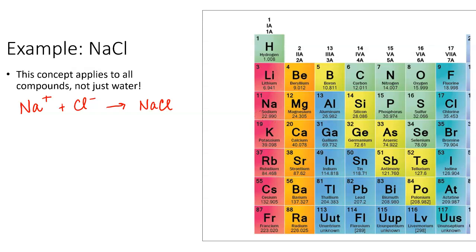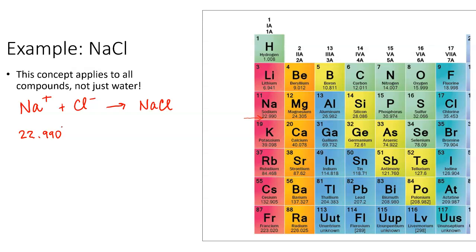So even though we're not talking about a single atom anymore, we're going to apply the same concept. Sodium has an atomic mass of 22.990. So we're going to use that one, 22.990, and that would be from sodium.